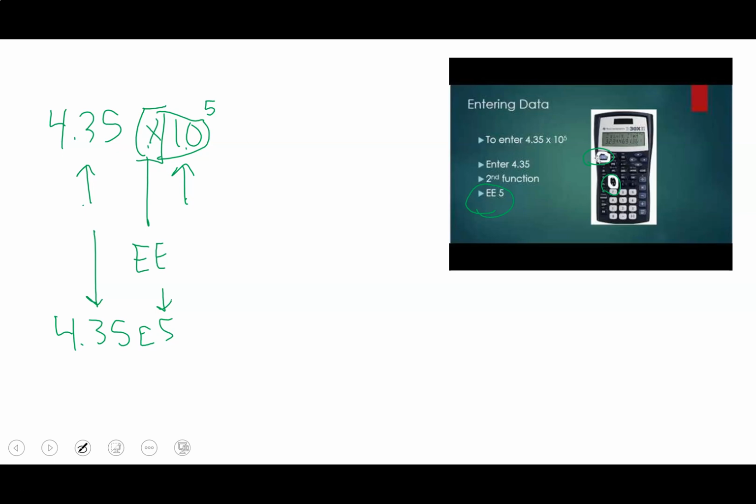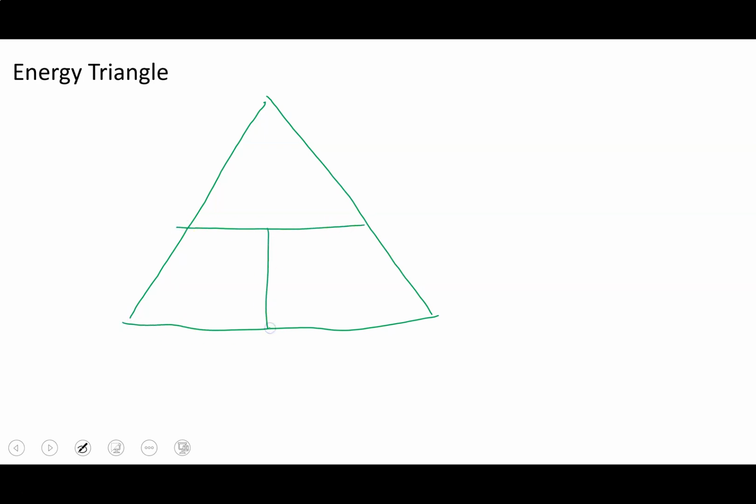Now, when we do some of this math, we're going to have two main triangles that I like to work with. And the first one is an energy relationship triangle. So the energy relationship triangle looks like this. Okay, so energy is going to be the top. And this is that energy that's associated with that portion of the wave. And then we're going to have a constant value. Now this is a constant value called Planck's constant.